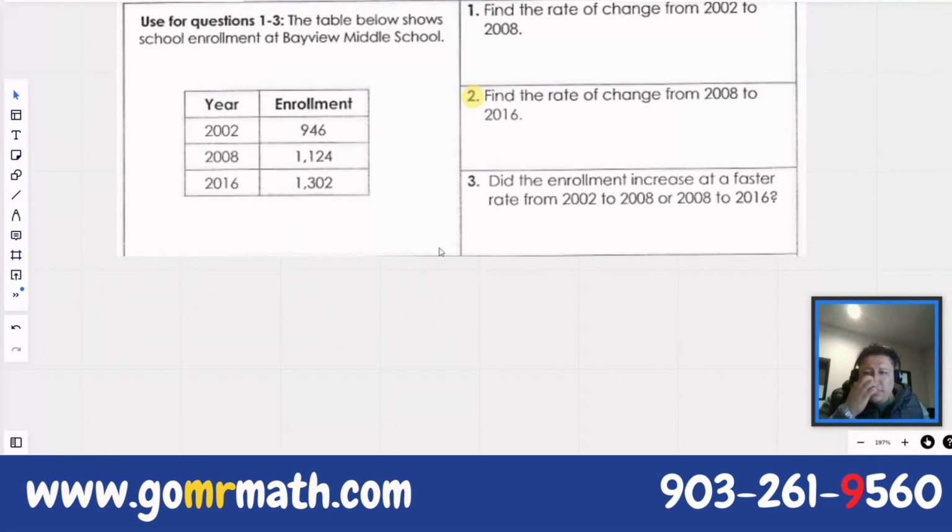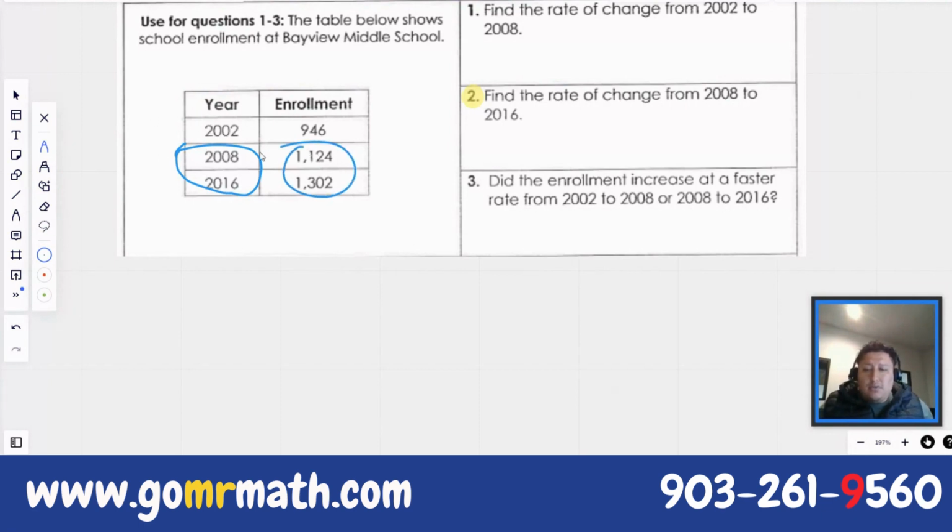Okay, so we have a table here with years and enrollment. This is for a middle school, and question number 2 says find the rate of change from 2008 to 2016. So it's going from 2008 to 2016, and these are the values.